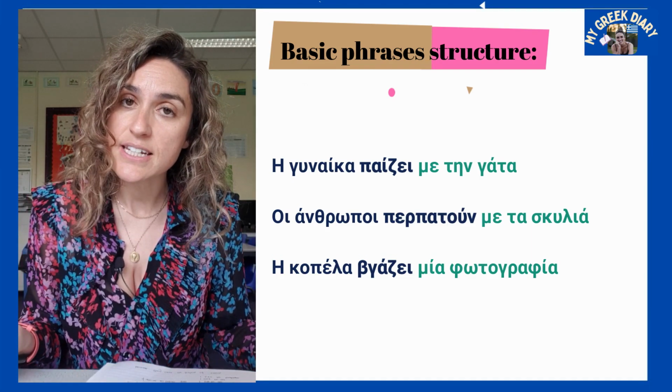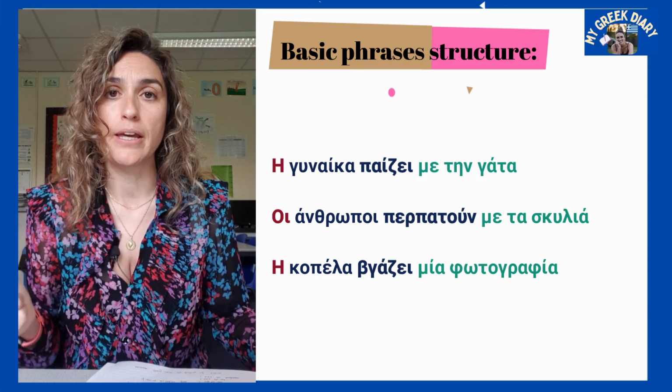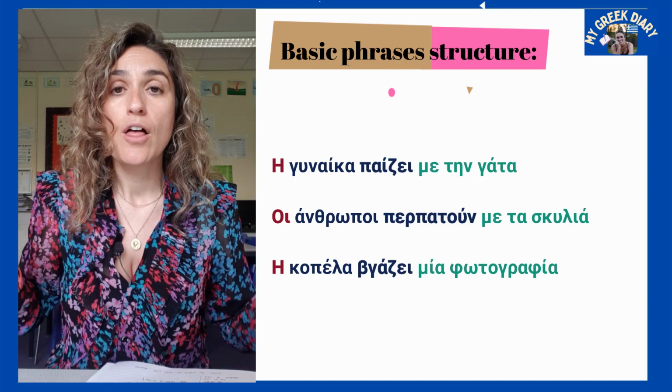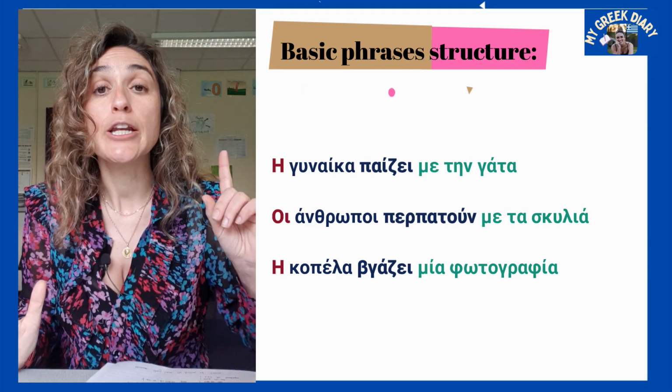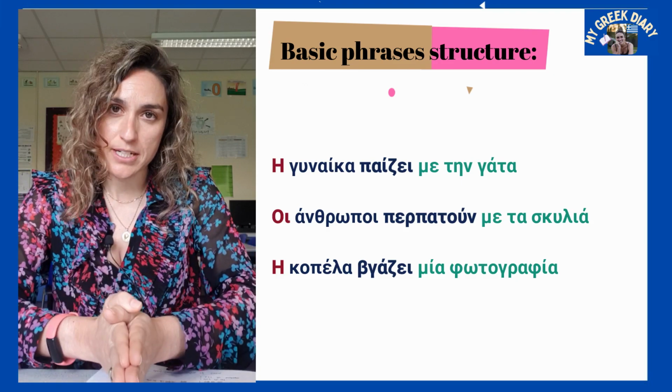In all these cases, we've got η γυναίκα, οι άνθρωποι, η κοπέλα. Those are used in the nominative way because it's the main subject.